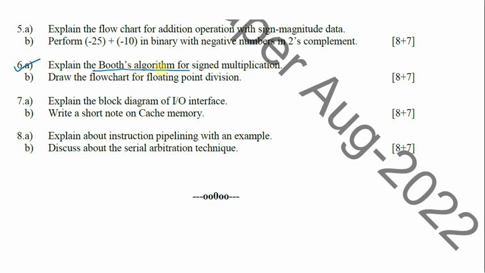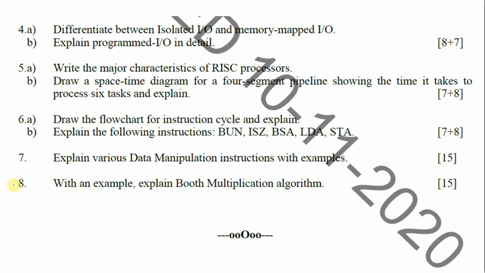In August 2022: explain Booth's algorithm for signed multiplication, also called signed two's complement multiplication. And here also: with an example, explain Booth's multiplication algorithm. So it is very important from your exam point of view. Don't neglect it. Listen to the lecture carefully.